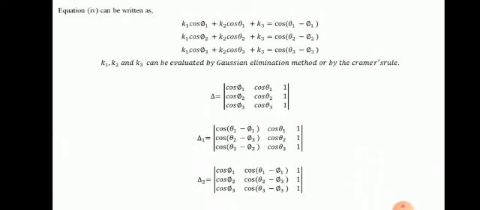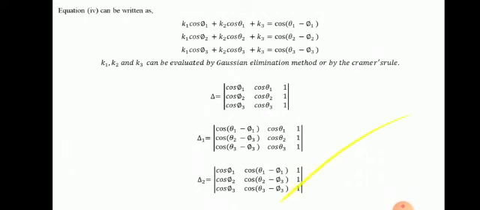Del is equal to the determinant with rows cos phi 1, cos theta 1, 1; cos phi 2, cos theta 2, 1; cos phi 3, cos theta 3, 1. Del 1, del 2 and del 3 are formed by replacing columns with cos theta 1 minus phi 1, cos theta 2 minus phi 2, and cos theta 3 minus phi 3.